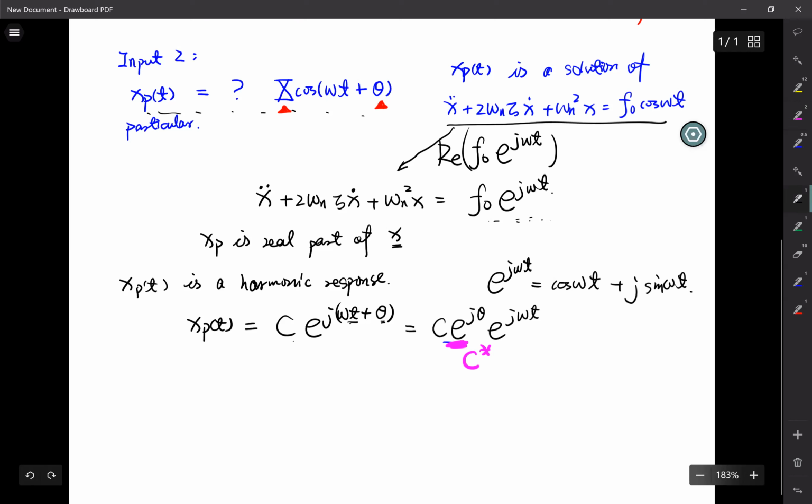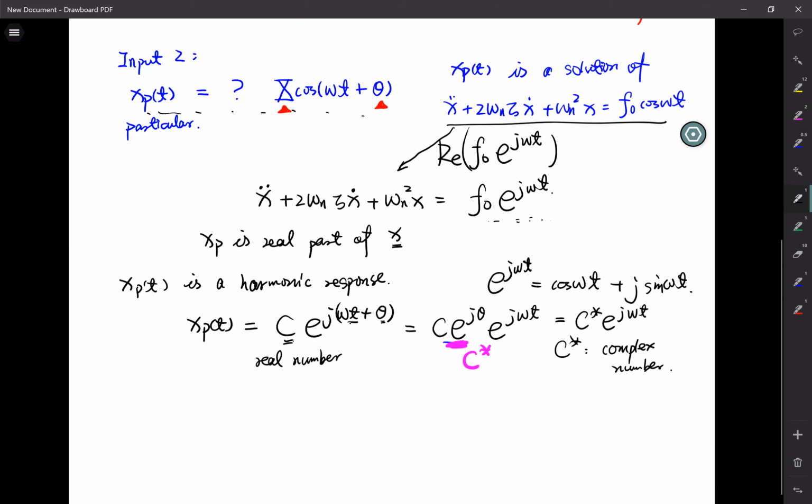Your C here is a real number, but your C star becomes a complex number. So instead of finding C and theta, you just need to find a single value, C star. That simplifies our discussion. And this becomes C star e^(j omega t). We know that your x_p is a solution of this original black equation.